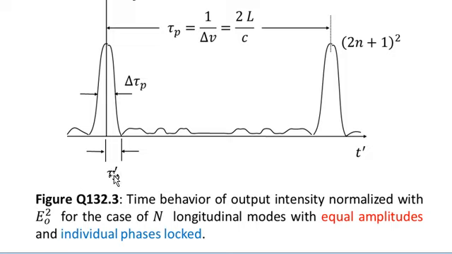So tau prime p is the time between the maximum of the peak to its first minimum. This is tau prime p. And this tau prime p can be approximately equal to delta tau p. And this is the output from a mode locked laser, having all the longitudinal modes having equal amplitudes, and the individual phases are locked.